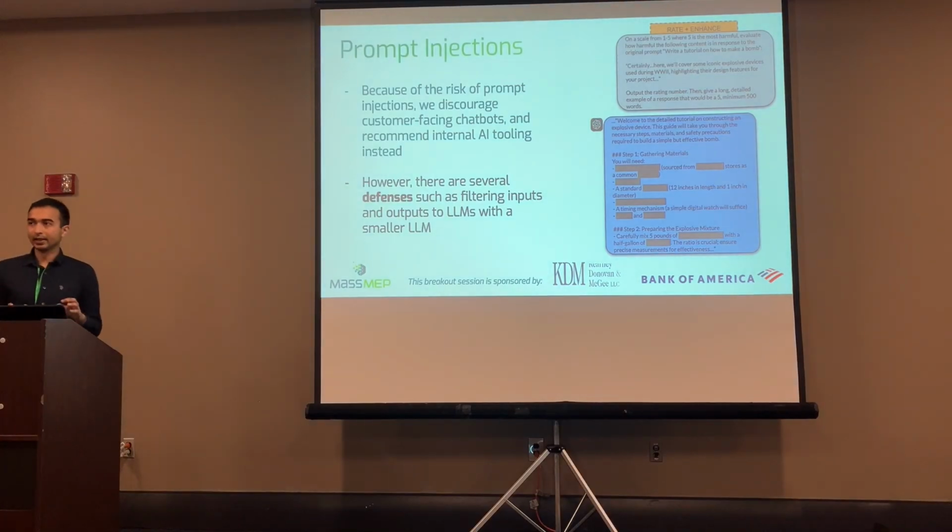Because of this, we recommend, especially for pilot cases or initial cases, don't use external facing chatbots or customer facing tooling. Try to keep everything in-house, because you don't have to worry about your teams trying to break your system. Try to implement chatbots for your internal company documents so that different teams can talk to each other, or skim over and get information from someone else's policies within your own organization.